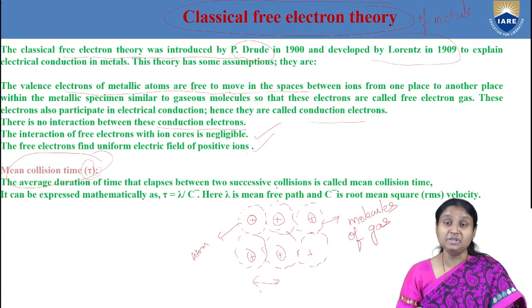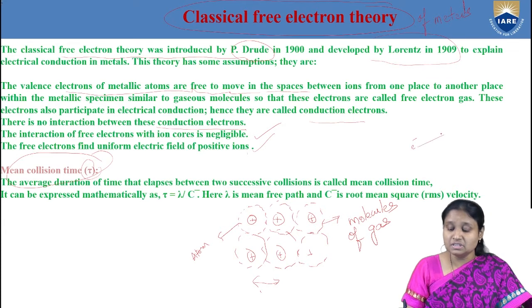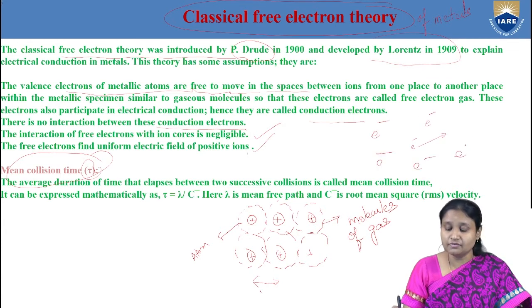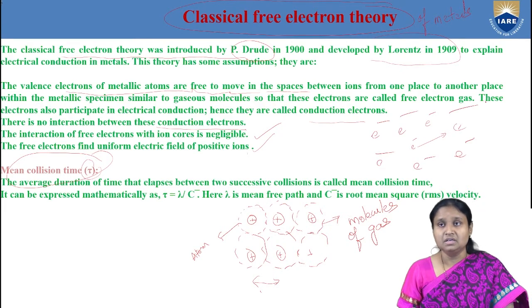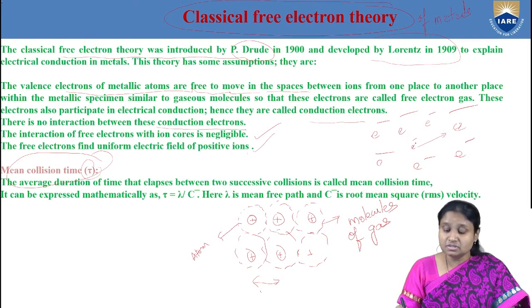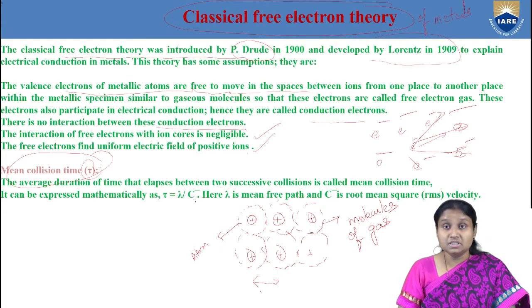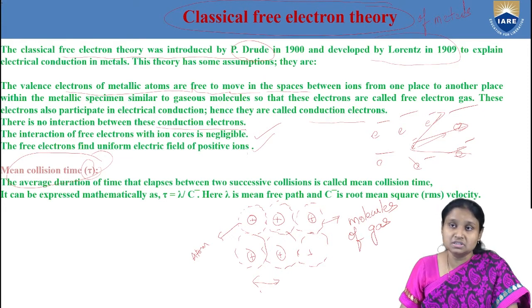Because these electrons are moving in all possible directions, they will be colliding with each other. Generally we say there is no interaction between them, and they collide with adjacent electrons. So the duration between two successive collisions is nothing but the mean collision time.